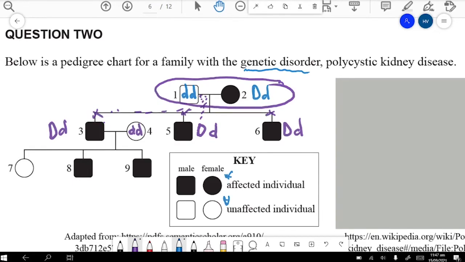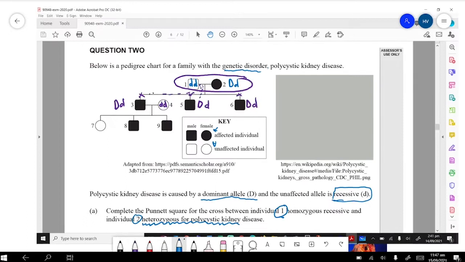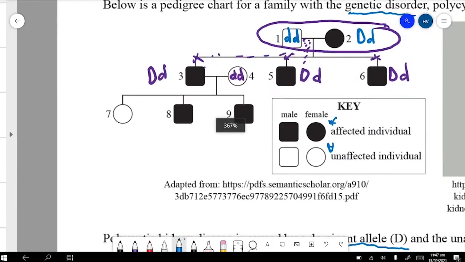Now, if we look at the rest of them, number 7 displays the recessive trait, which means little d. So that meant that this dad who has the disease had to have given his little d down here, and the mom who's not affected at all can only give little d's.